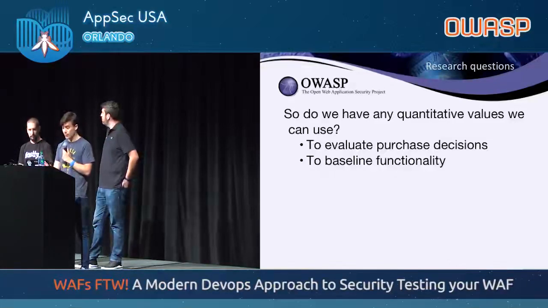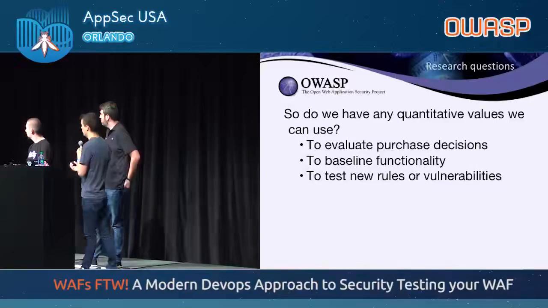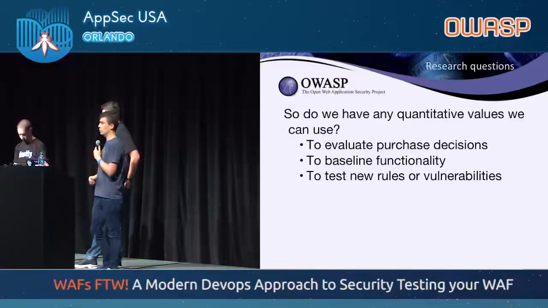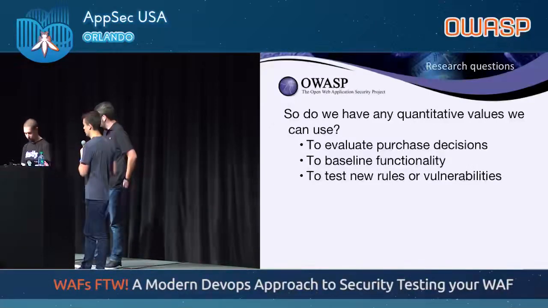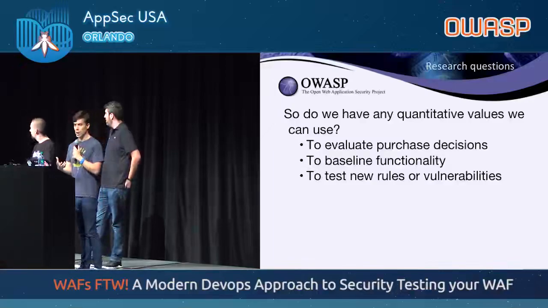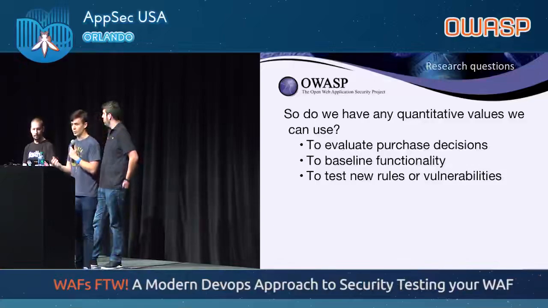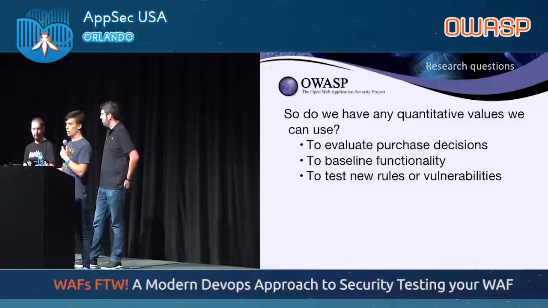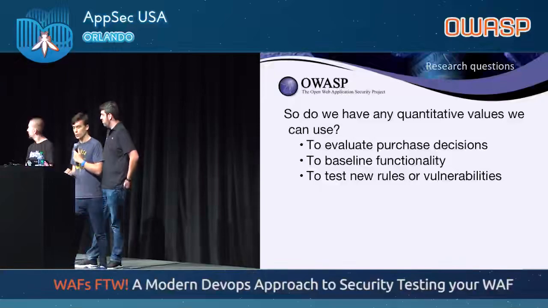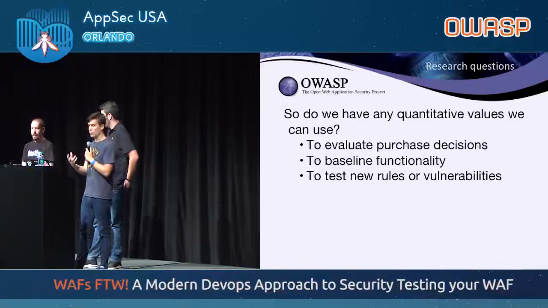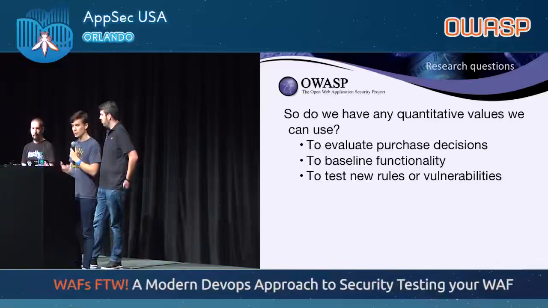Next, we wanted to be able to test new rules or vulnerabilities. The Core Rule Set, which Chaim will talk about a little bit, and even all those companies in the Gartner Magic Quadrant, are going to want to maintain a database of new rules and signatures for attacks that are happening right now. So if we can create some way to quantitatively measure that, we think that would be useful.